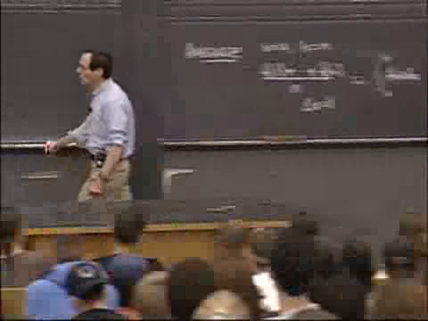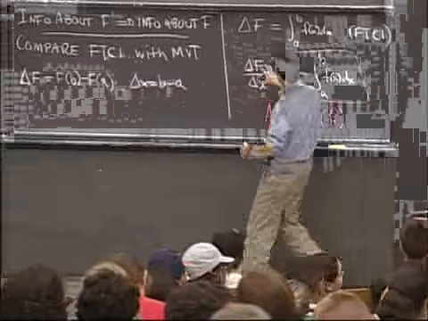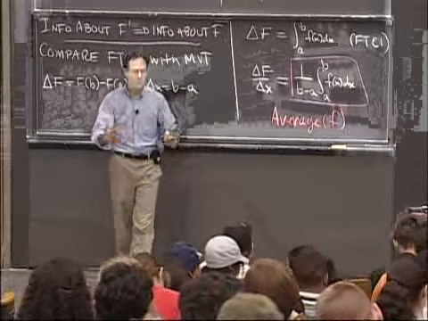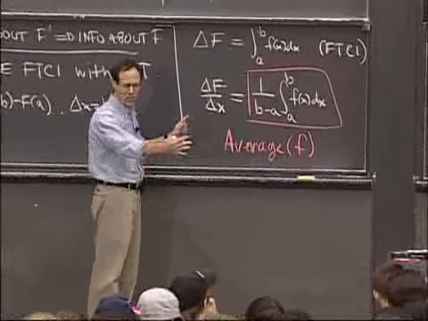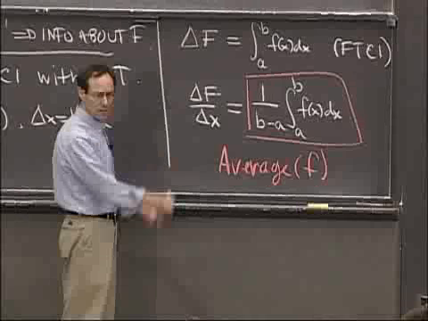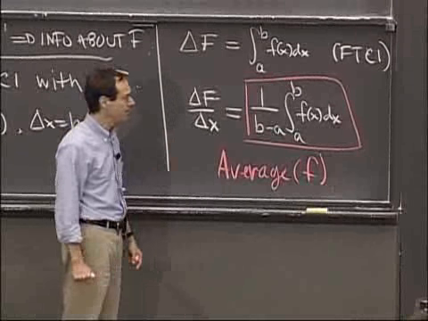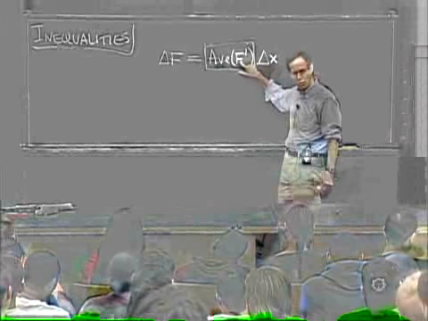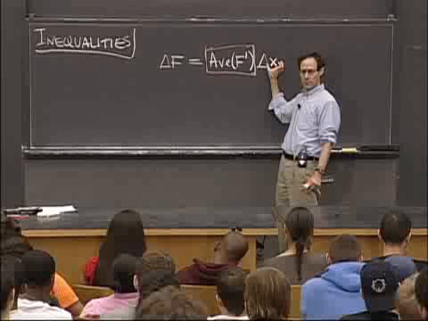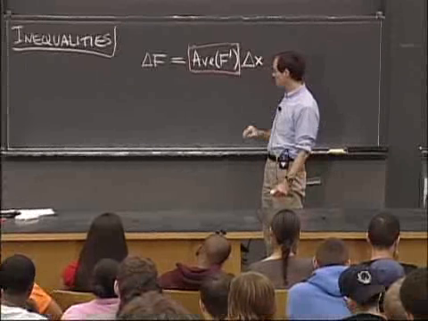Whereas what's on the left-hand side is the change in f, the capital F. And this is the average of the little f. Okay? So an average is a sum, and it's like an integral. All right, so in other words, what I have here is that the change in f is the average of its infinitesimal change times the amount of time elapsed, if you like.